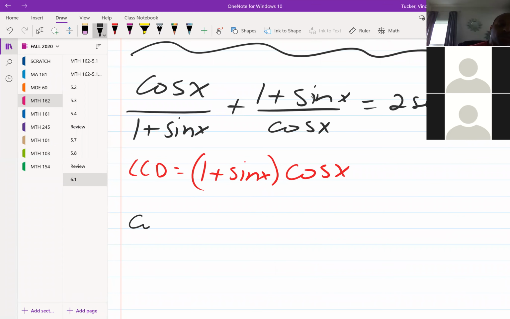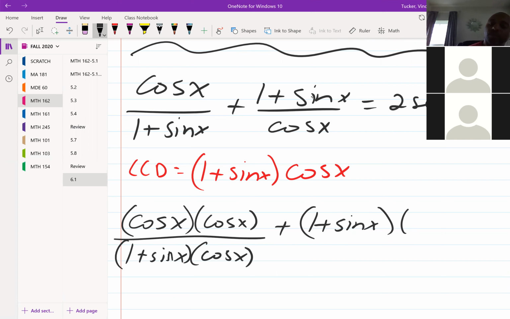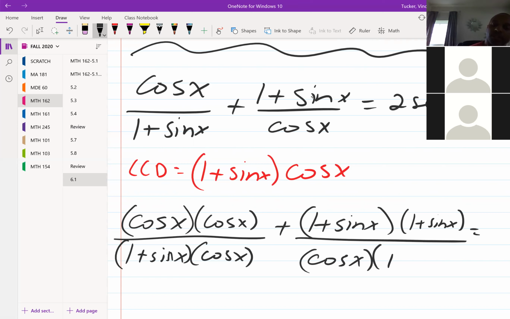So in the first one, I'm going to multiply top and bottom by cosine, because I had 1 plus sine x on the bottom already. In the next one, multiply top and bottom by 1 plus sine, because I already had cosine in the denominator.